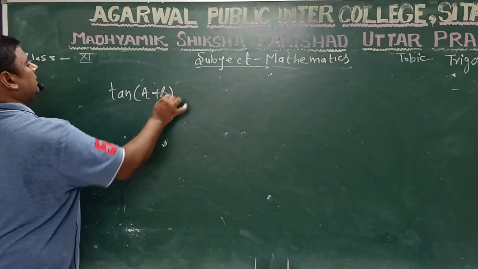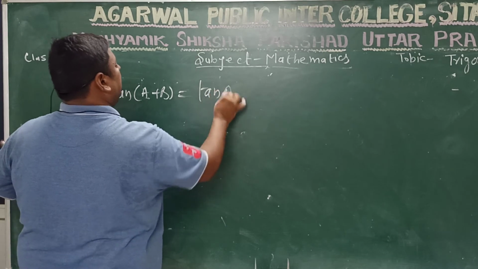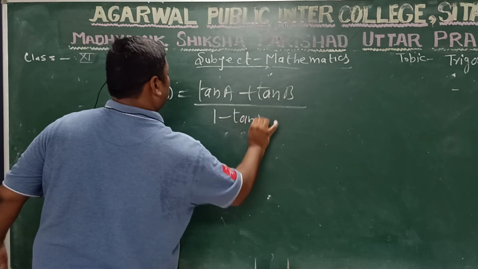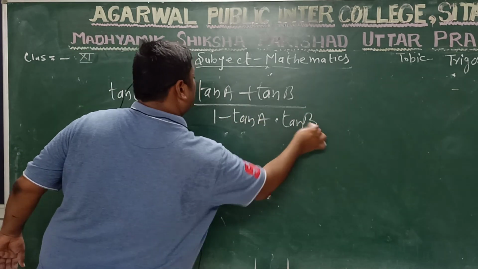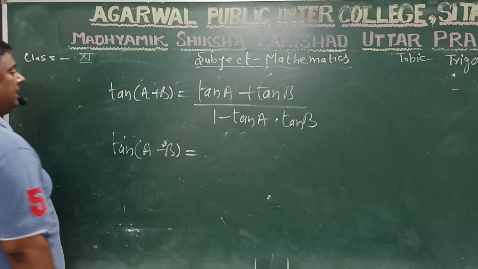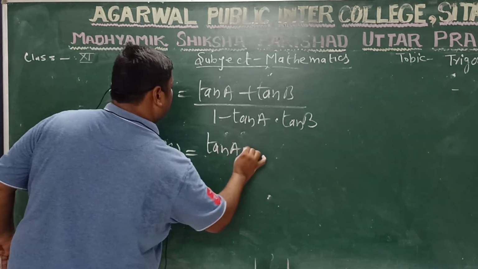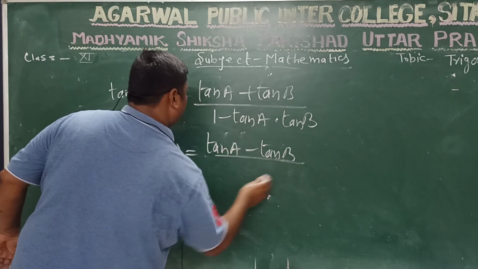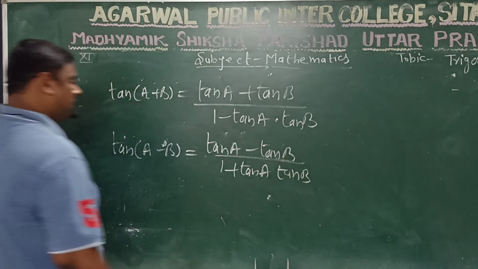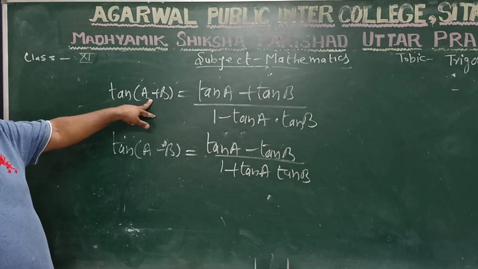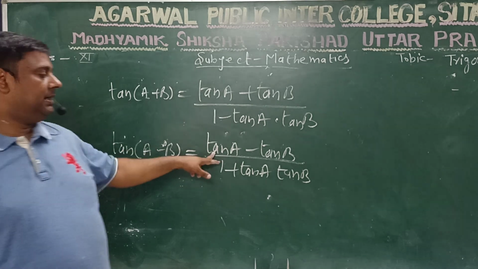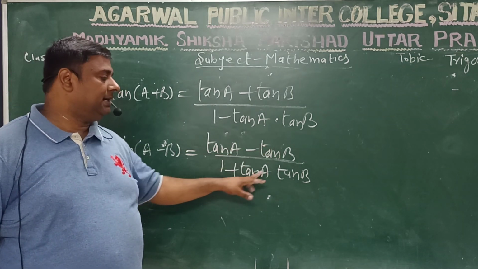Tan A plus B, tan A minus B. Okay, my dear students, tan A plus B is tan A plus tan B upon 1 minus tan A tan B. Tan A minus B is tan A minus tan B upon 1 plus tan A tan B.